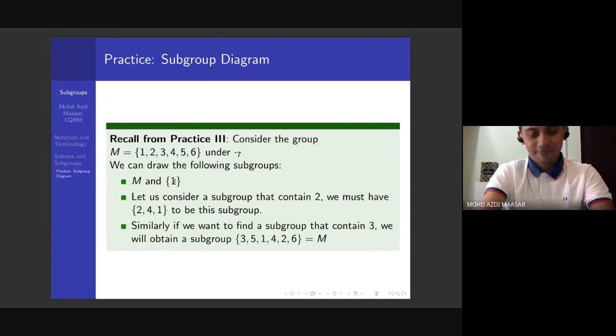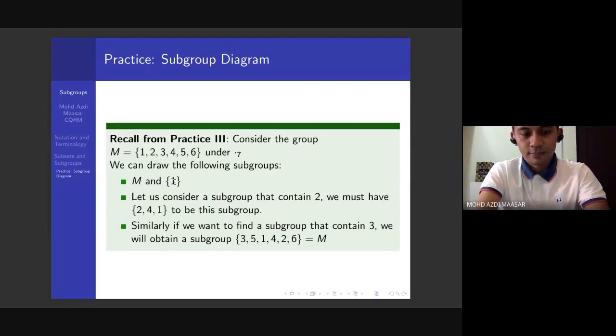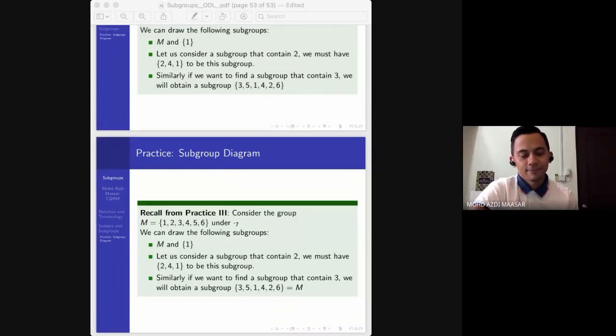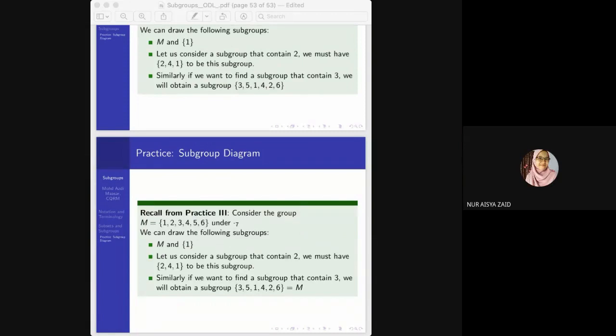Ada soalan lain? Saya ada soalan untuk example group integer modulo 4 tu. Kalau nak buat 1, jawapan dia dalam subgroup dia akan ada satu je lah.